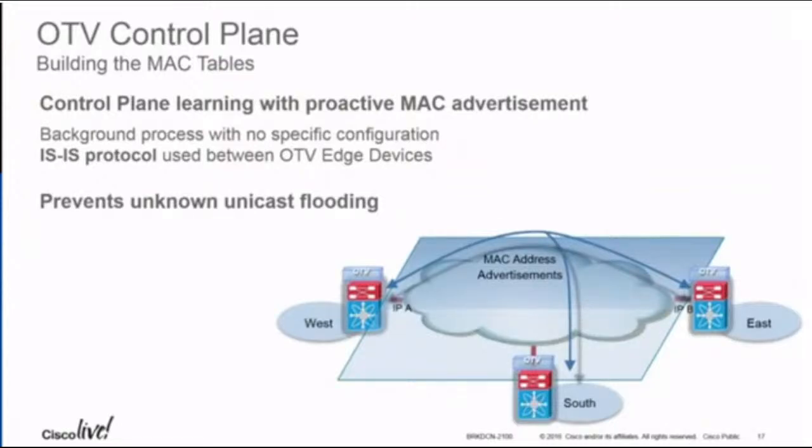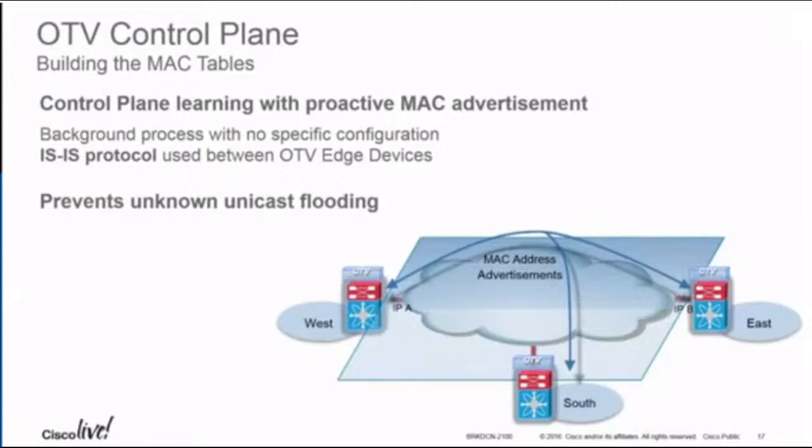ISIS protocol has an ISO standard TLV which can propagate the MAC addresses itself, and that is what we are leveraging. We'll learn the MAC addresses from the LAN devices via flood and learn mechanism, and then via ISIS, which is running in the background, it will propagate it towards the other data centers. Do we need any kind of specific configuration for ISIS? No. It's all inbuilt.